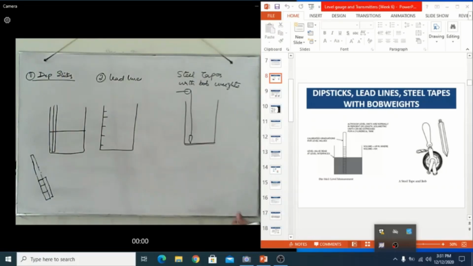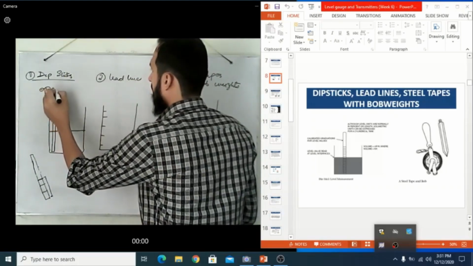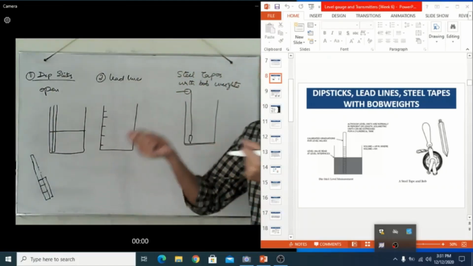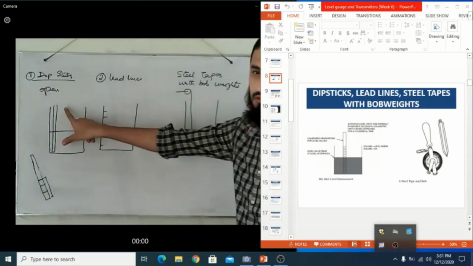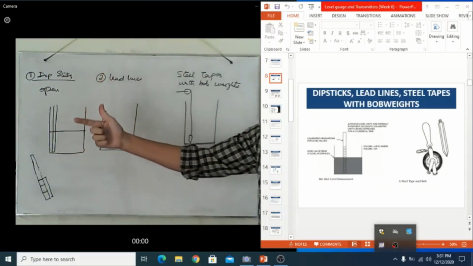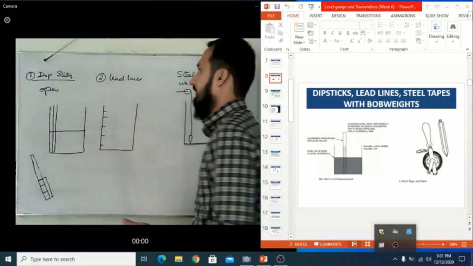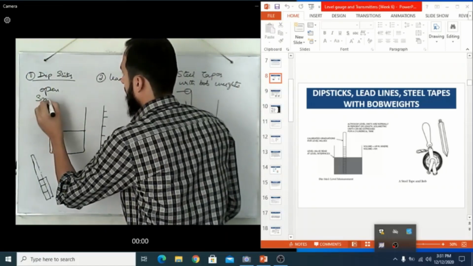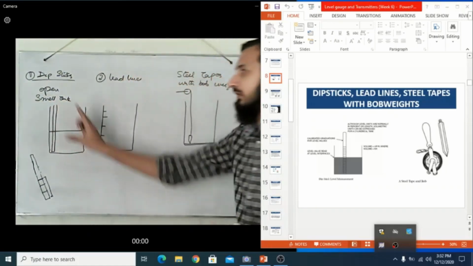But again, the main problem here is that the tank should be open, because you need to insert the rod into the tank and then take it out. And as we know this rod cannot be so huge, so definitely this method can only be used where the tank size is small.